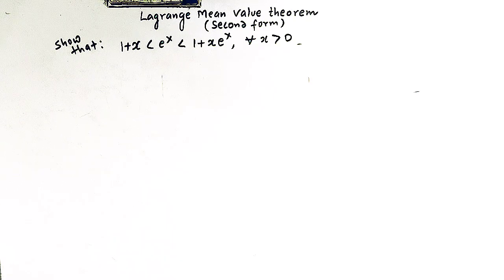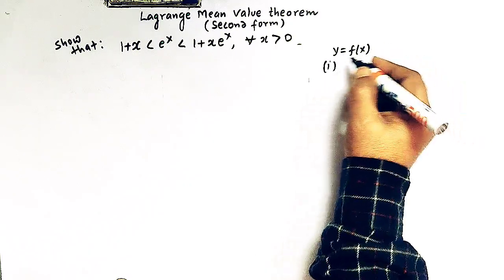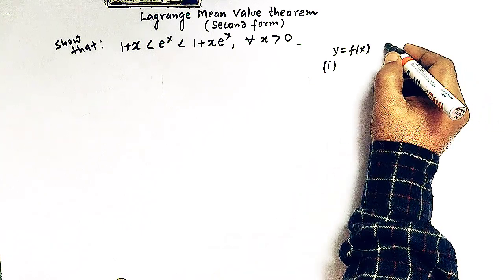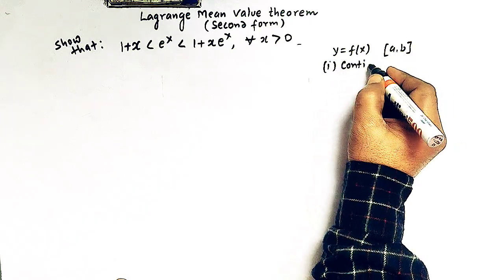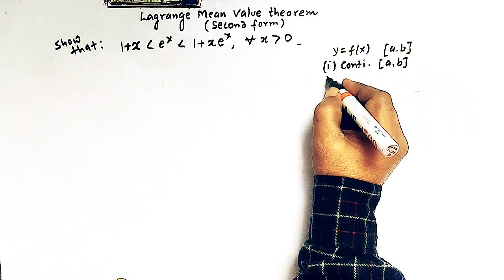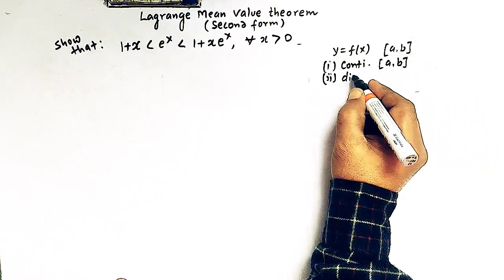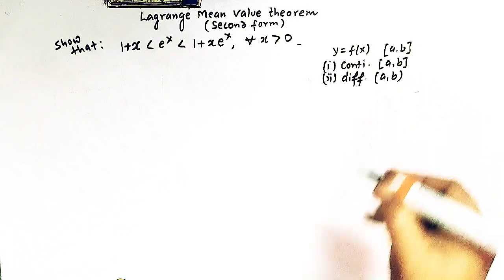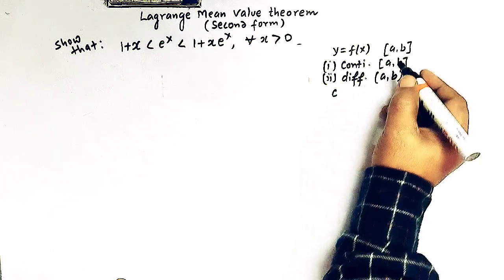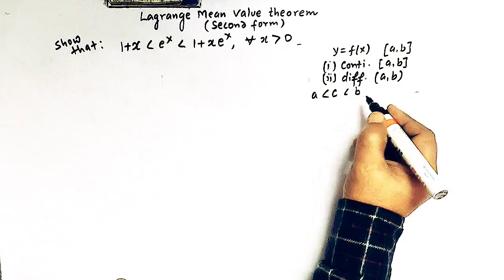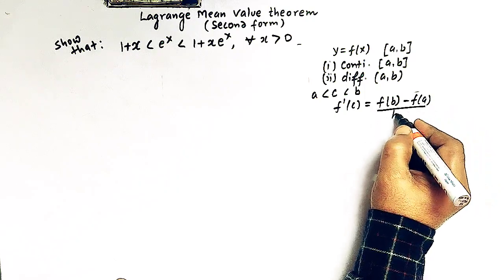We know that if we have a function y is equal to f of x, defined in some domain D, and we take an interval a comma b, and f of x is continuous in the closed interval a comma b and differentiable in the open interval a comma b, then Lagrange's mean value theorem says that there is at least one value c between a and b such that f prime of c is equal to f of b minus f of a divided by b minus a.